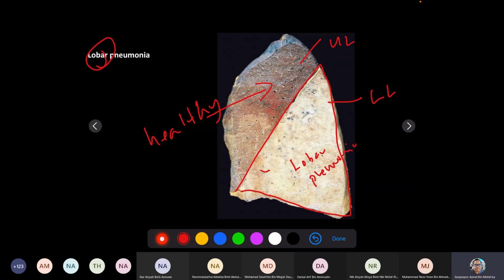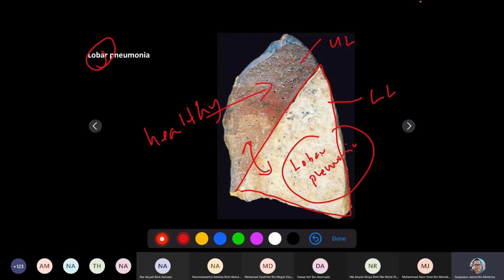If you compare these two, you can see that the color is a bit different. The one that had been involved with lobar pneumonia is a bit yellowish or tan, going to a whitish kind of color. This is because there's a lot of infiltration of inflammatory cells within it.